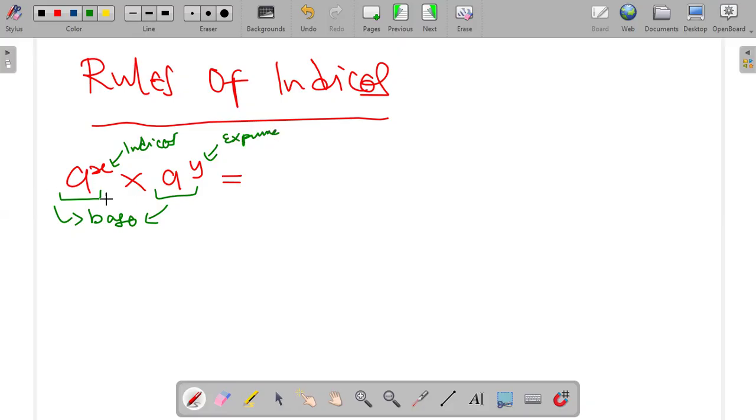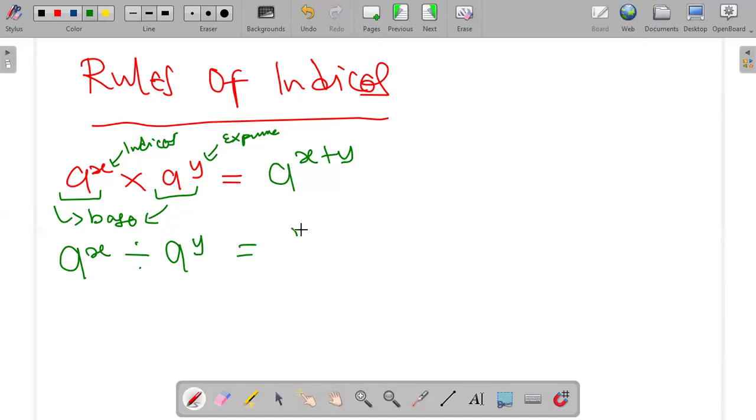The first rule is that if I have two numbers being multiplied that have the same base, then I can simply add their powers. So this one here is the same as a to the x plus y. And if I'm dividing a^x by a^y, it's the same as subtracting their powers.